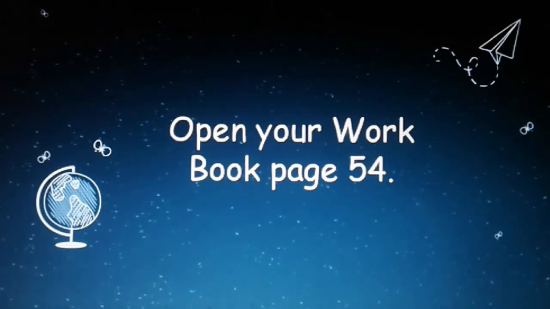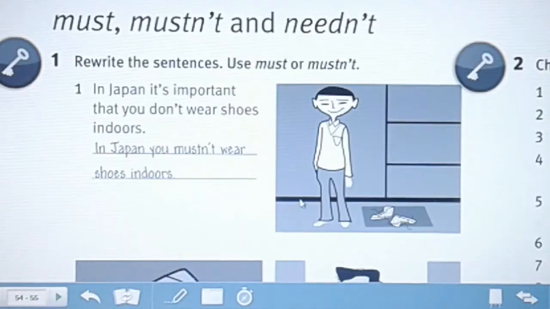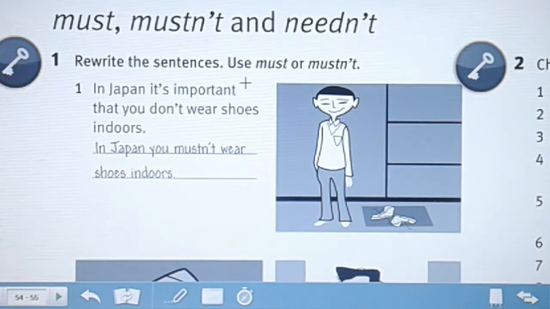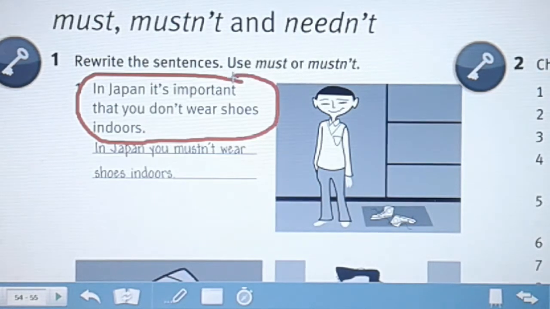Now, open your workbook, page 54. Look at part 1. Rewrite the sentences. Use must or mustn't. For example, in Japan, it's important that you don't wear shoes indoors. So, it is prohibited to wear shoes indoors in Japan.